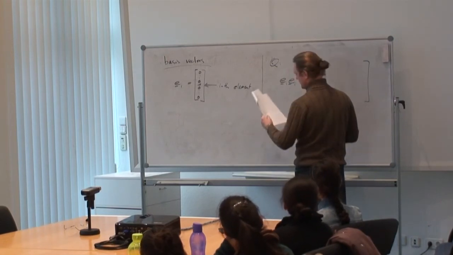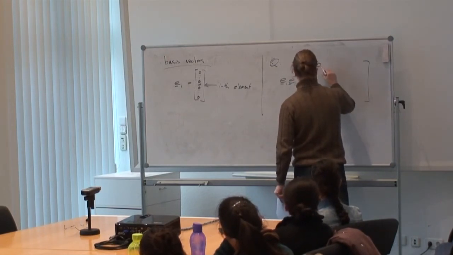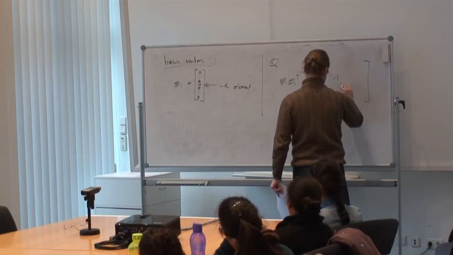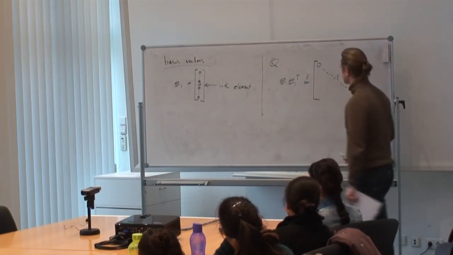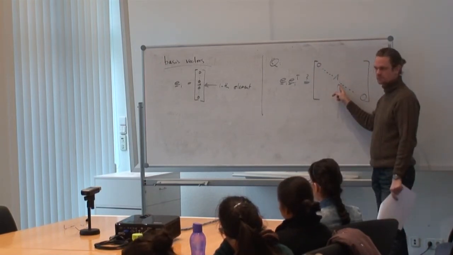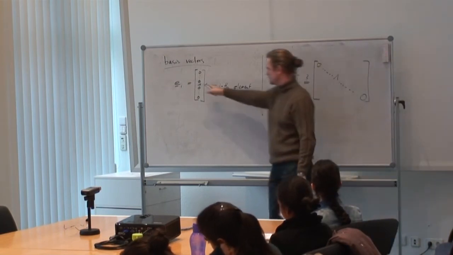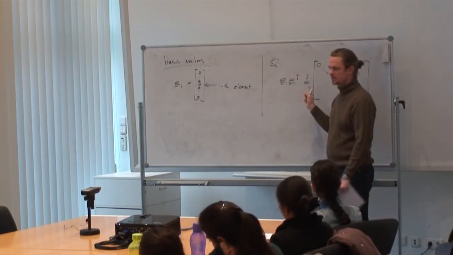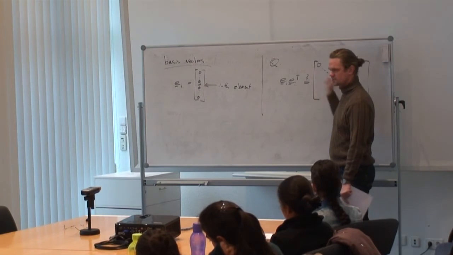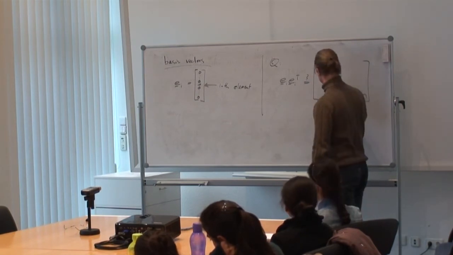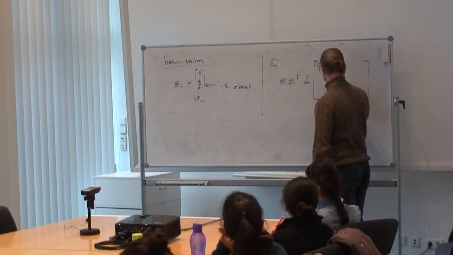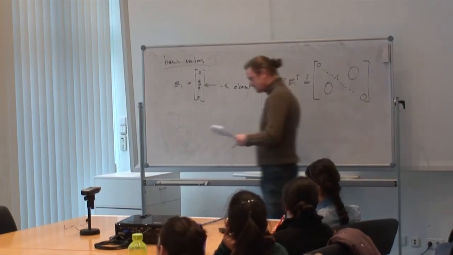I don't know. I do it like this. So the main diagonal of this matrix will look like this. At some point there is a 1. This is when this 1 is multiplied with itself. And every other location in this matrix will have a 0. So it's like lots of zeros.